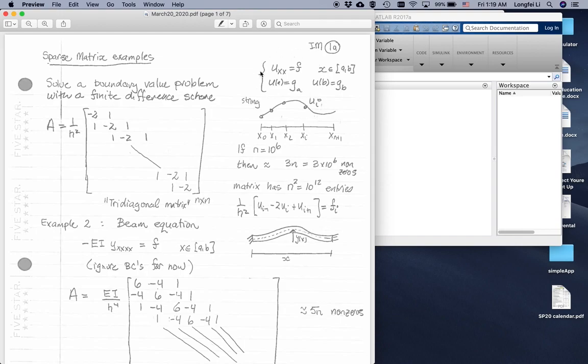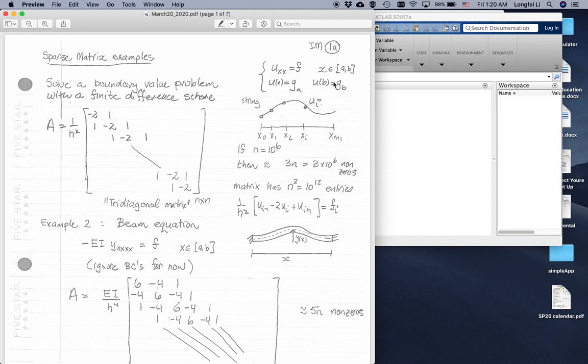Here, the example we're looking at, we're solving this differential equation: u_xx equals f when x is inside of a domain from a to b, and we have two boundary values. The function u at the point a, the left point, equals a given value, and the function at the right point equals a given value.